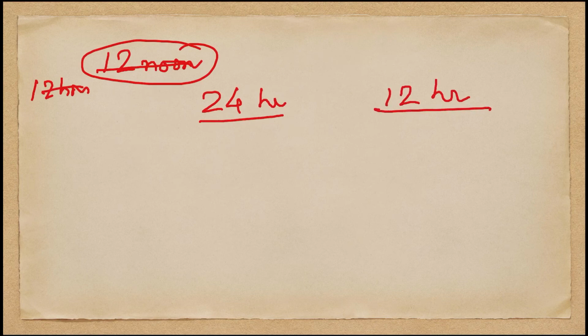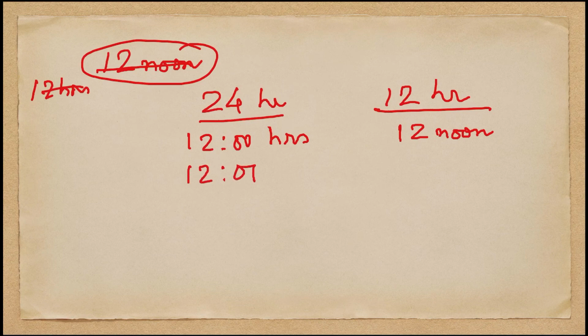So when in 24 hour it is 1200 hours, it becomes 12 noon. So like this, the time will continue. 12:01 hours, so it will be 1 minute past 12, that will be PM, because it is after noon. Like this, it will continue.